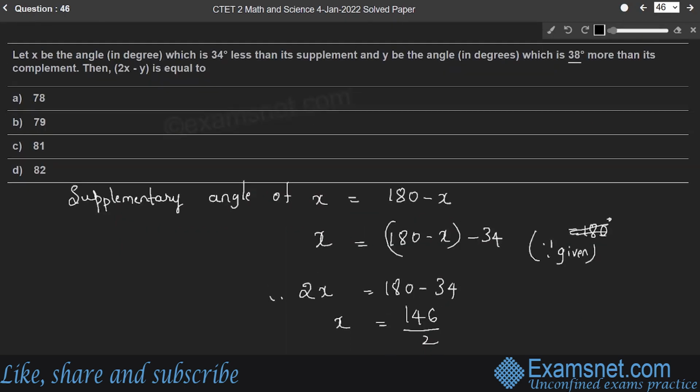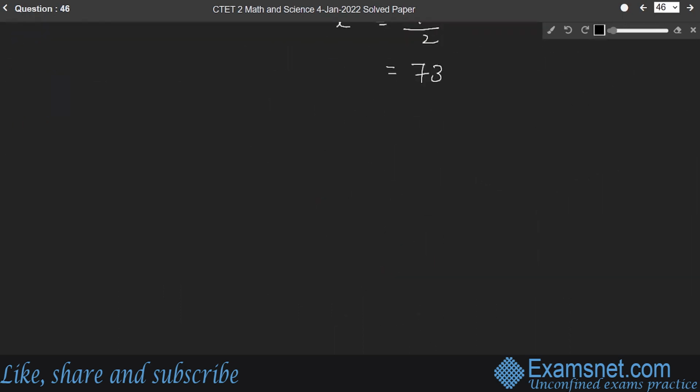And the second part is y be the angle which is 38 degree more than its complement. If the sum of two angles is equal to 90 degree, then the angles are called complementary angles. So here the complementary angle of y is equal to 90 minus y.